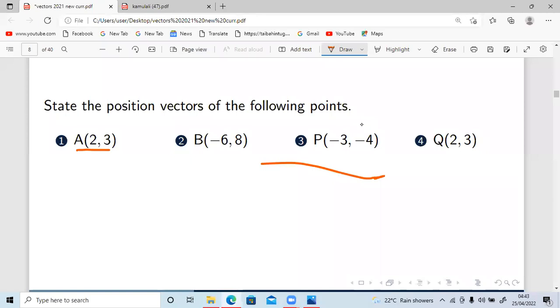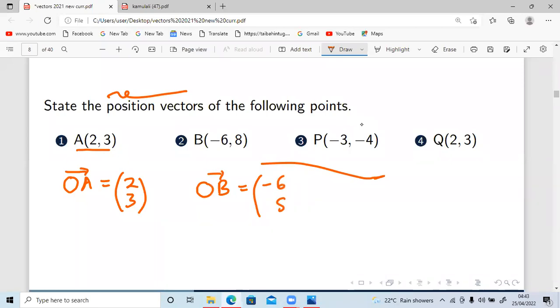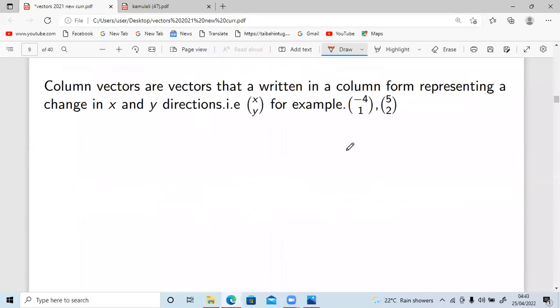So I will say OA, and then I can write it as (2, 3). Is that fine? Yes. In case it is B, I write my vector as OB, then I write it as (-6, 8). So always pay attention when it comes to a position vector.